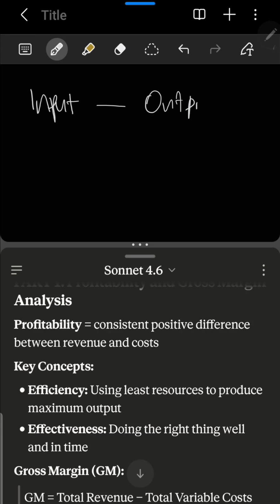So efficiency is a relationship between the input and output. You want to use the least resources to achieve the highest output, meaning you have high efficiency. Low inputs, high outputs gives you high efficiency. Then effectiveness is just doing the right thing well and on time.